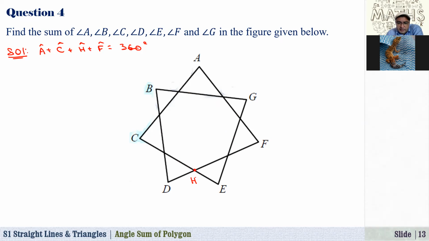From here, H is equal to angle D plus this angle. And this angle is equal to this angle. They are equal.